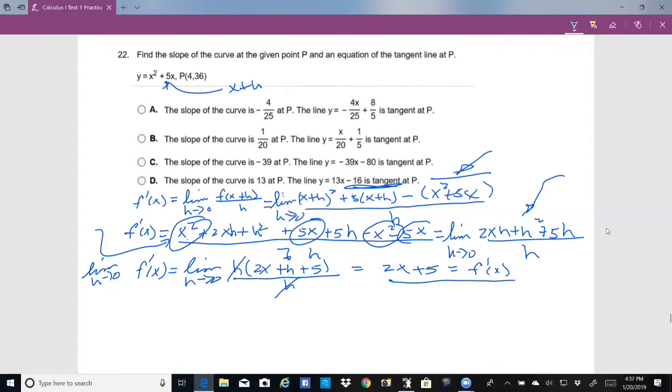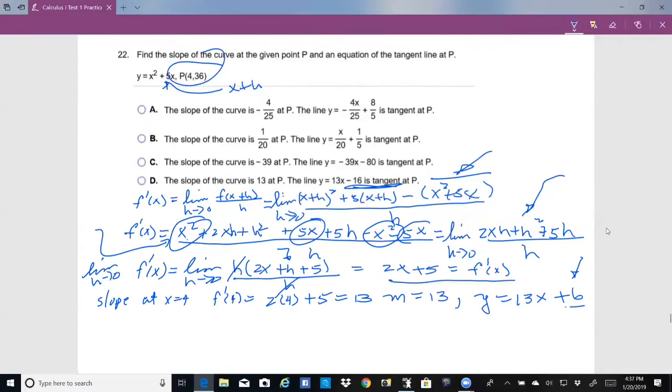The slope at x equal 4 is f prime of 4 is equal to 2 times 4 plus 5 equals 13. So the slope is equal to 13. And the equation of the tangent line is y equal 13x plus b. And we need to find out what b is to make it go through the point 4 and 36.